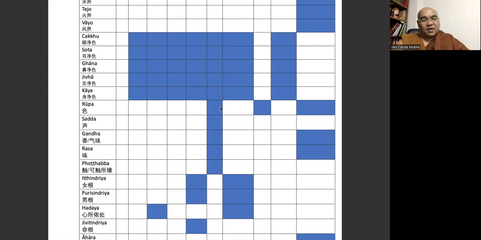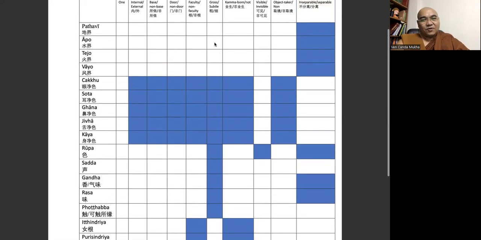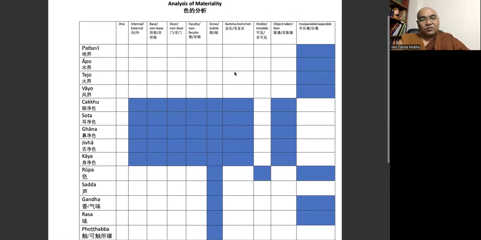The remaining are subtle rupas. The remaining I don't mark with a color. It is called subtle rupa. And also we can say Olarika rupa, Sukhuma rupa, Sappadika, Appadika.